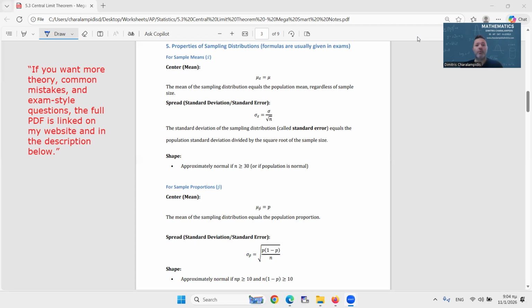Let's start with properties of sampling distributions for sample means. And let's begin with center. The mean of the sample distribution of the sample mean equals the population mean itself.